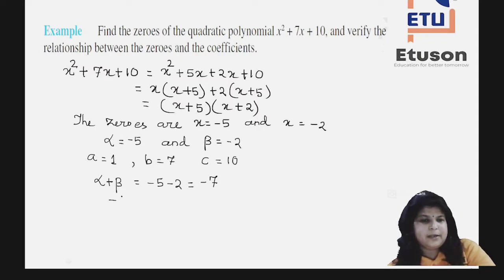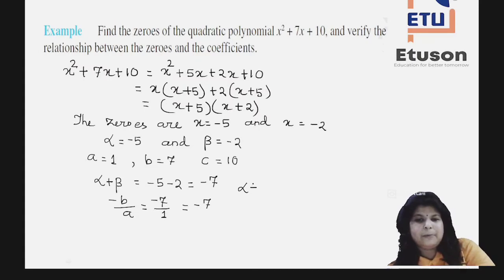So let us find out what is minus b divided by a. That is nothing but minus 7 divided by 1, that is minus 7. So the sum of the zeros is verified. So you have got alpha plus beta is equal to minus b by a. So this part is checked or verified.